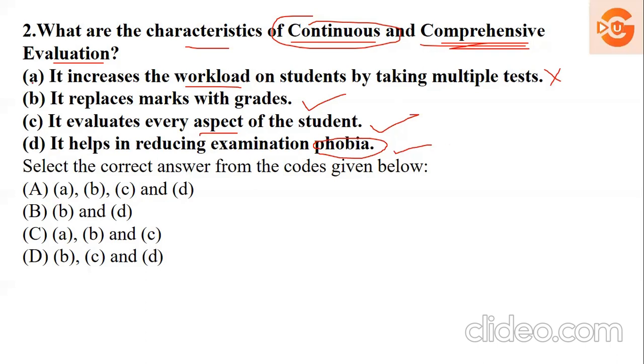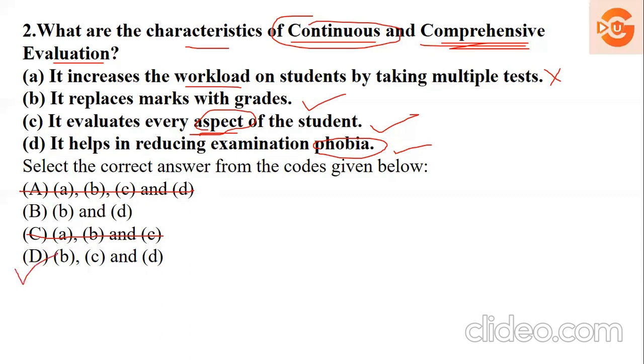If you're not sure about your ticks, you know that option A will not be there because it is talking about a load, that is pressure. We cannot develop children under pressure. So option A is definitely not there. When we go for this type of selection, where A is wrong, that option will not come. What we have left is B, C, D. Here B and D are talking about every aspect, which means comprehensive, so definitely C will come.